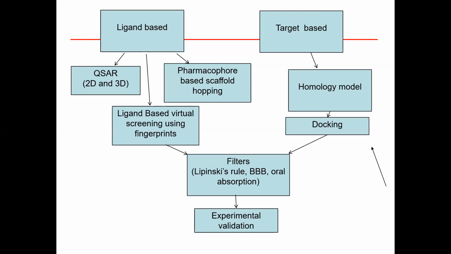Because knowing the target is not very simple. In a real life situation, suppose we isolate, for example, a tumor, and then we run a 2D gel electrophoresis. There will be 40 or 50 proteins mixed together.